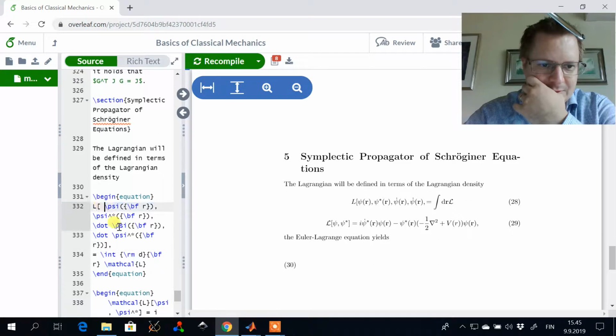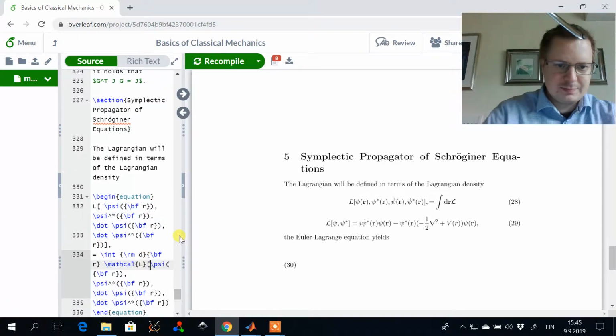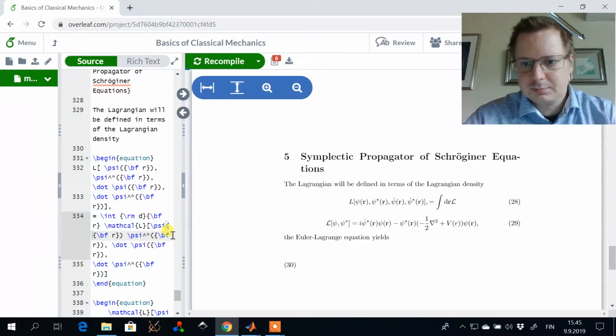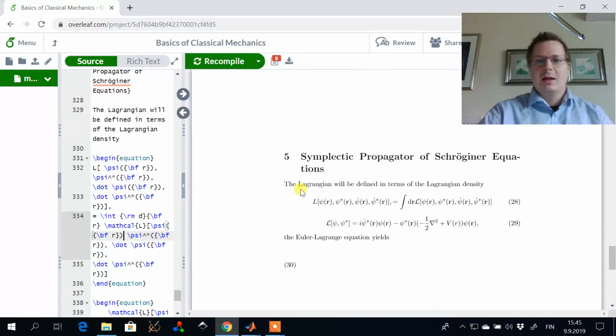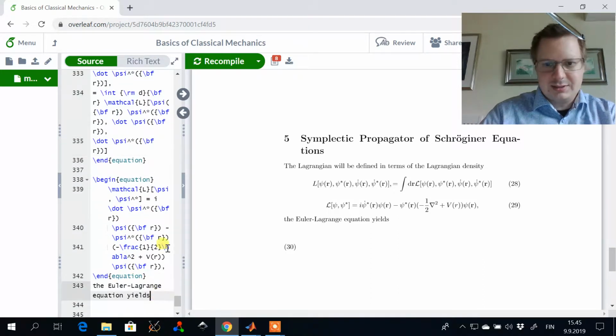And of course the Lagrangian density will also depend on those. And now the Euler-Lagrange equation yields just the Schrödinger equation.